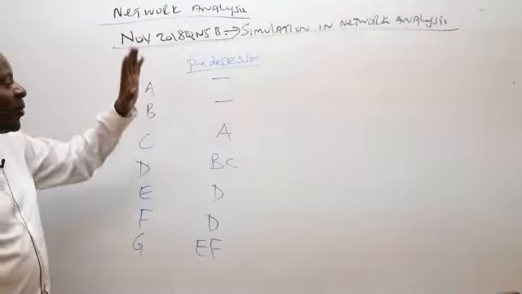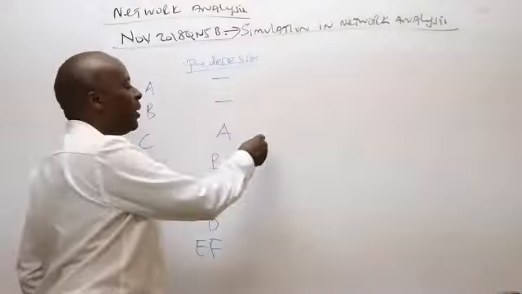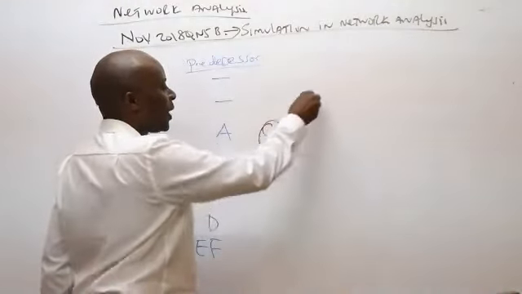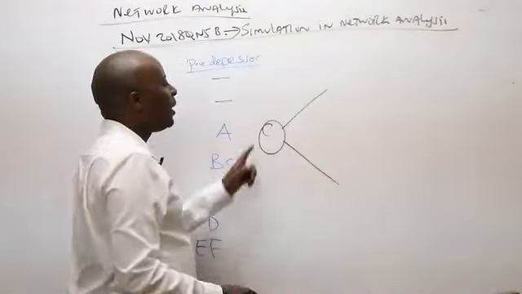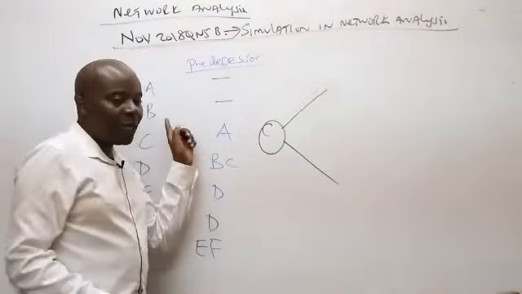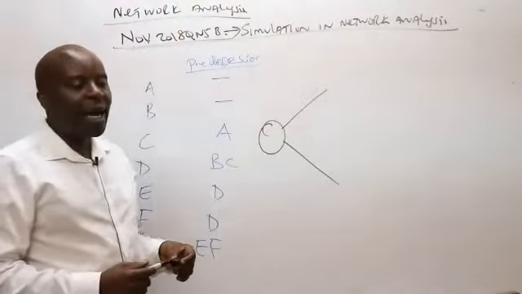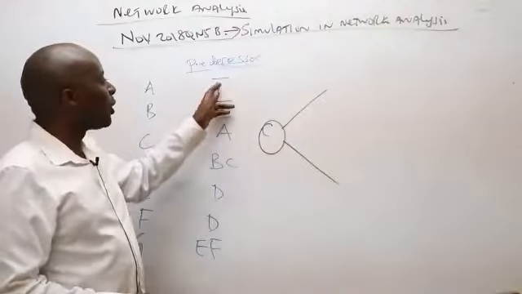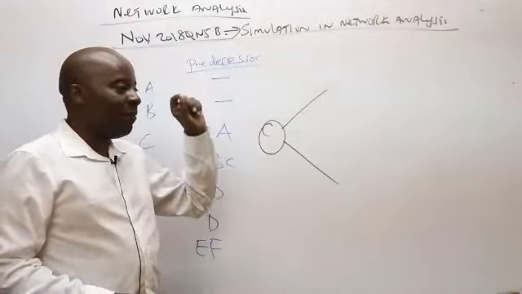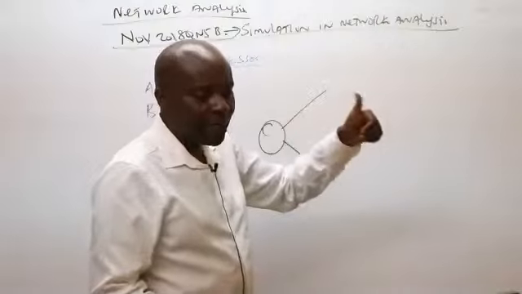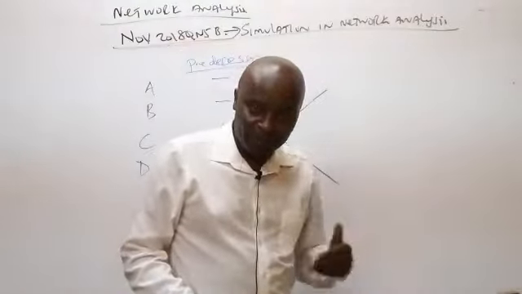So, ladies and gentlemen, what we have here is A and B do not have predecessors. So A and B are the beginning activities, because they do not have a predecessor. Remember that to precede is to come earlier.